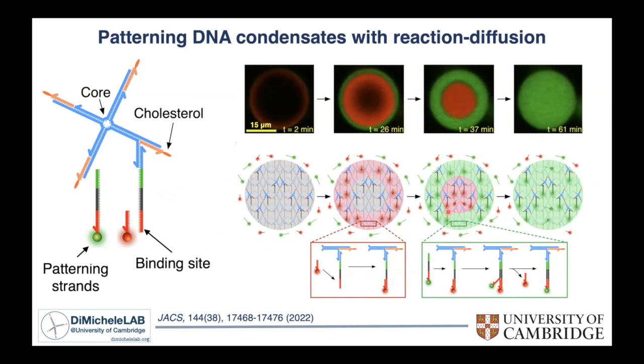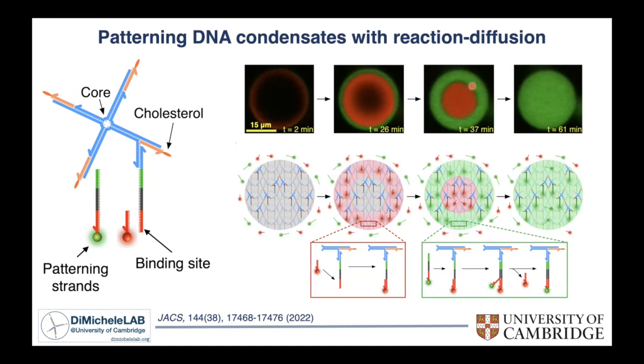But then if you wait a little bit longer, also the green strands will start diffusing in. They take longer because they're bigger, but eventually they do. And as they do, they actually displace, through a strand displacement reaction, the red strands that were initially attached to the binding sites. And the red strands get released back into solution.